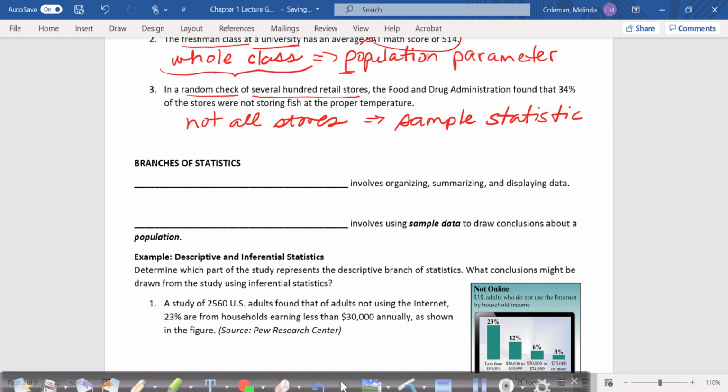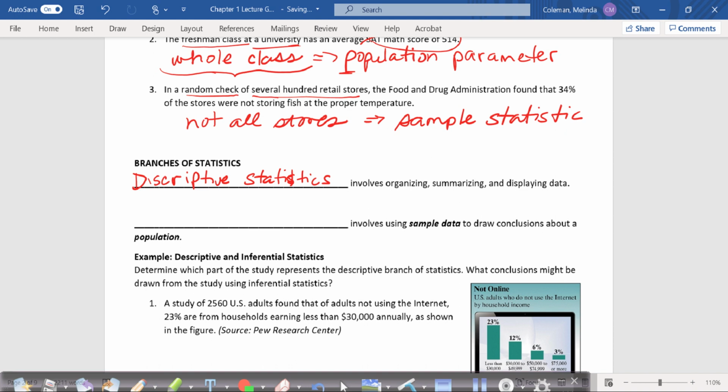All right, next up talks about branches of statistics. There are 2 branches. The first one is descriptive statistics, and descriptive statistics involves organizing, summarizing, and displaying data.